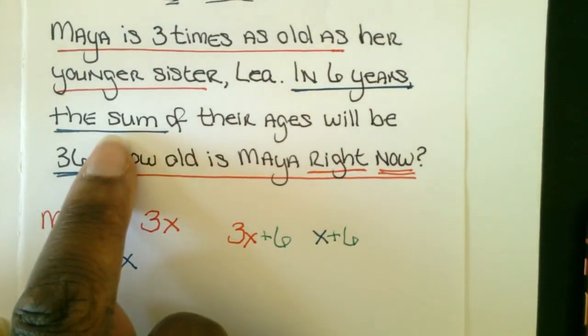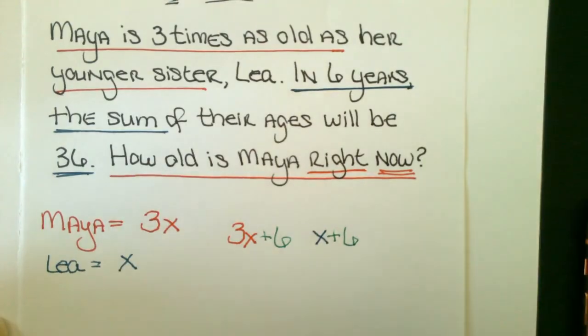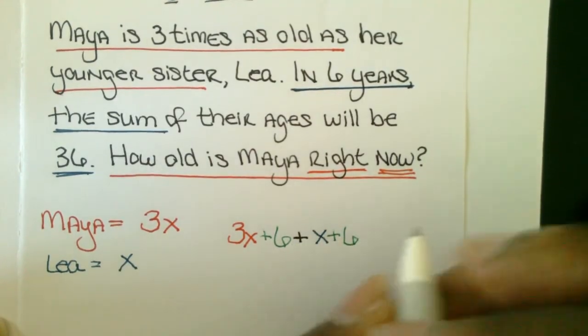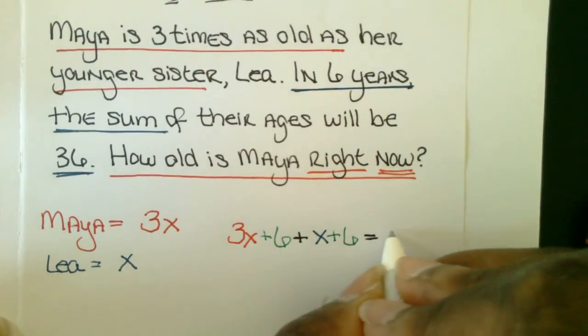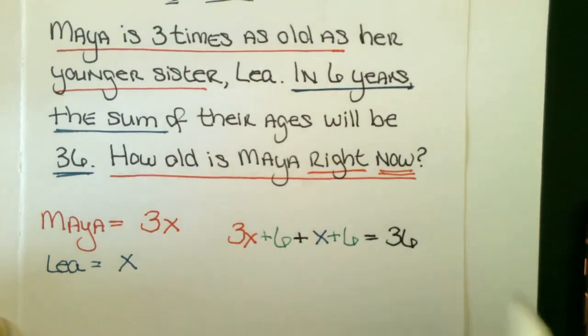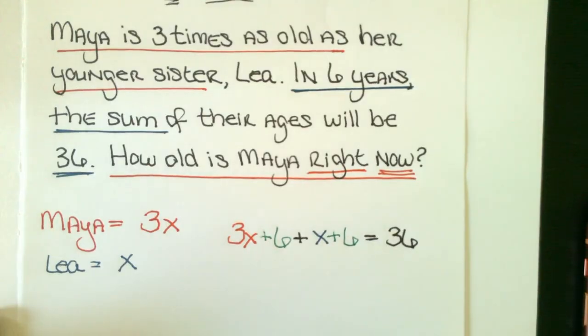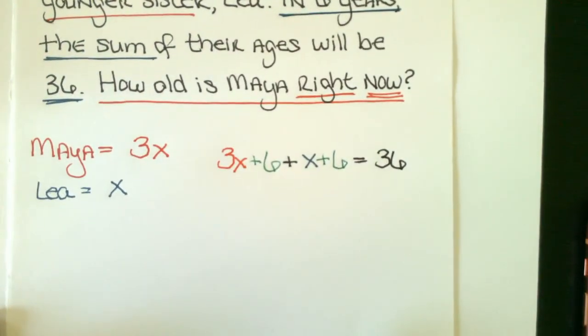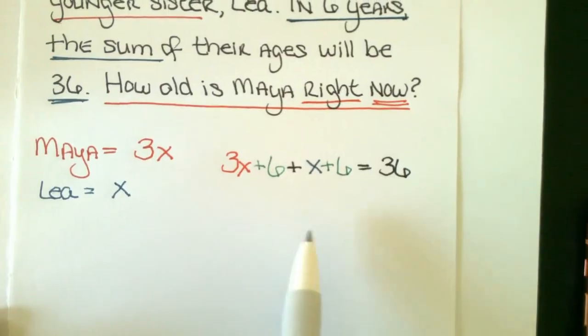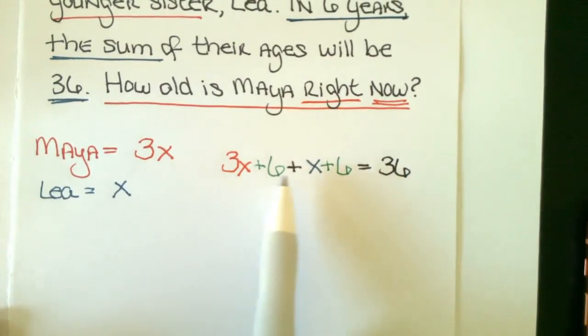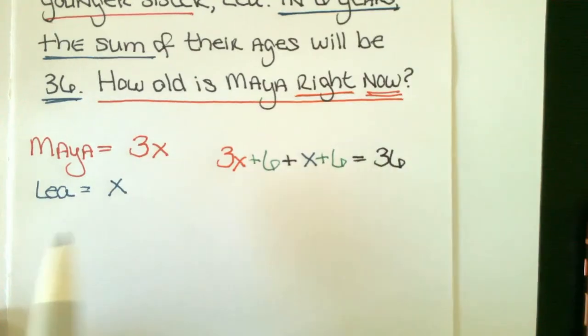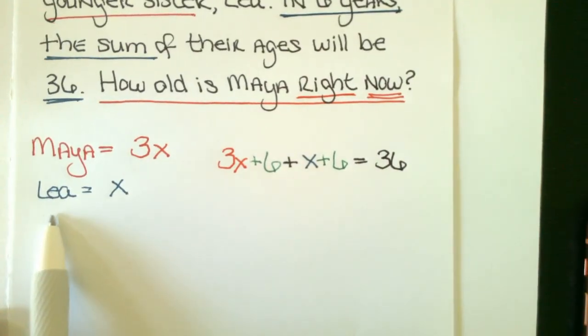And they're saying the sum, so that means we are adding, and it's going to equal 36. You see how we're putting it all together? So now we can solve this equation for Leah, but then use that information to find Maya.